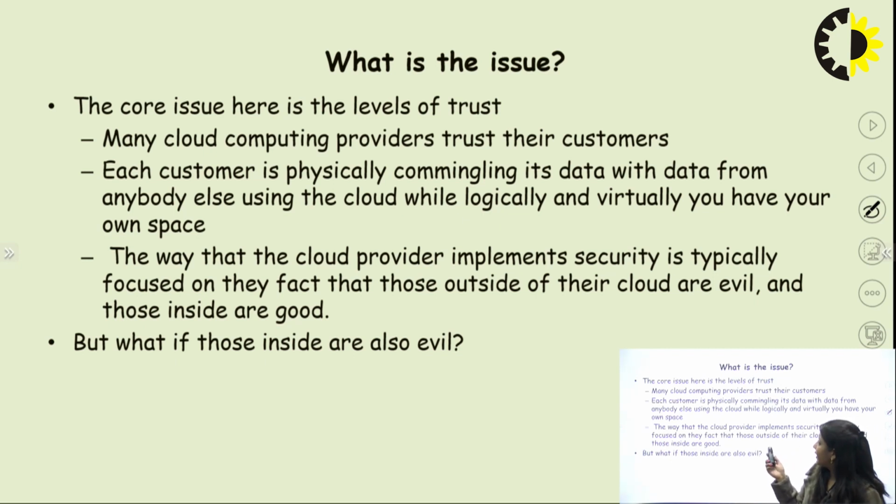Next, the way that cloud providers implement security typically focuses on the fact that those outside of their cloud are the evil. So basically the issue is how can we find the insider attackers and how can we find the outsider attackers who are going to break the security. But what if those inside are also evil? So the issue is how can we find out the insider attackers. This is one major issue.